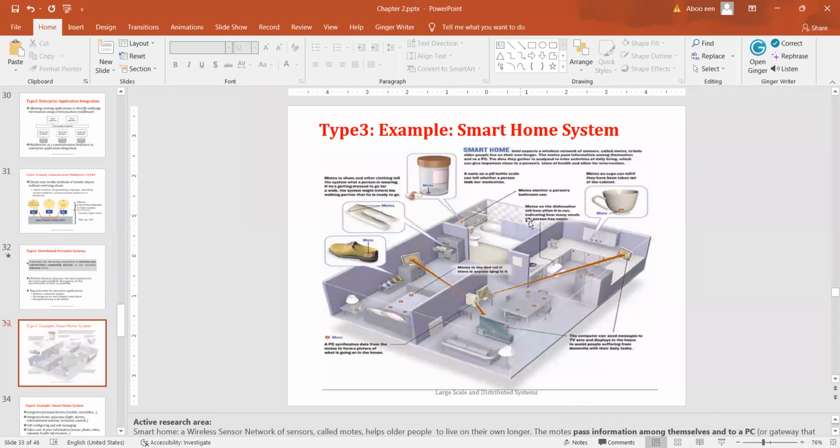So these home appliances and home devices can be easily controlled, and their functions can be regulated. There are smart TVs and some sensor or embedded devices.